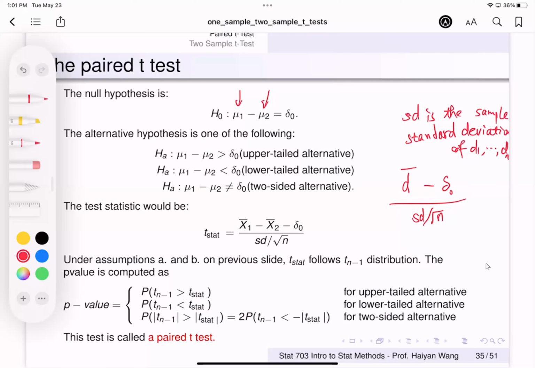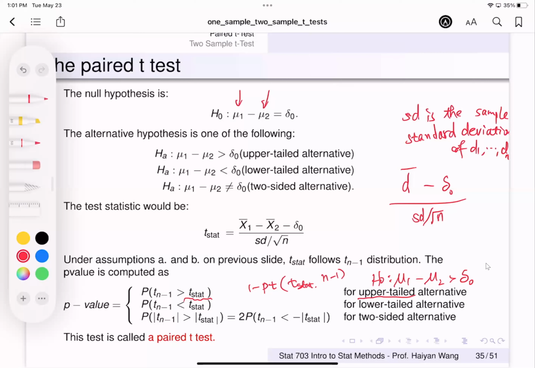If the research hypothesis is upper tailed, meaning we're testing whether the mean difference is greater than a given value delta_0, then our extreme refers to the right of the observed statistic in the t-distribution with n-1 degrees of freedom. For this one, the p-value will be obtained by 1 minus pt of the observed test statistic, with degrees of freedom n-1. That gives us the p-value from the upper tailed test.